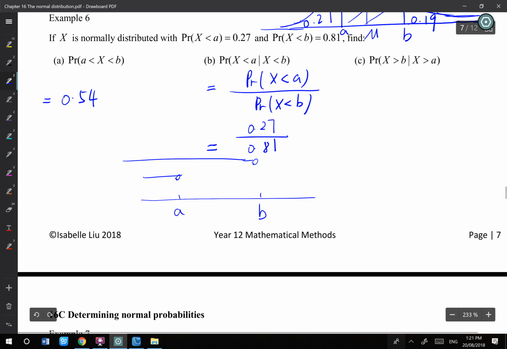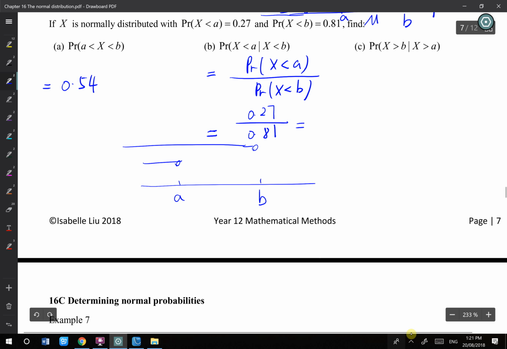Okay, it's given in the question, 0.27, 0.81. Divided by 0.9, that's a 1/3. That's just 1/3. Okay, 0.27 times 3 gives you 0.81.